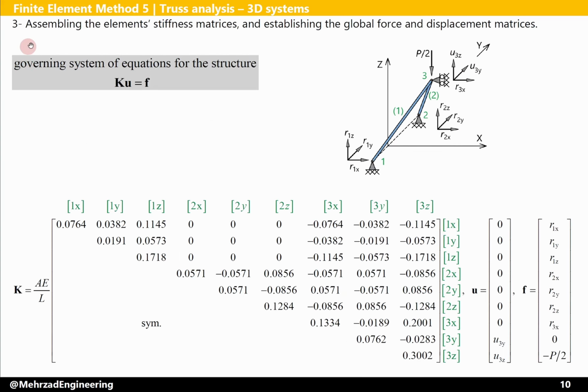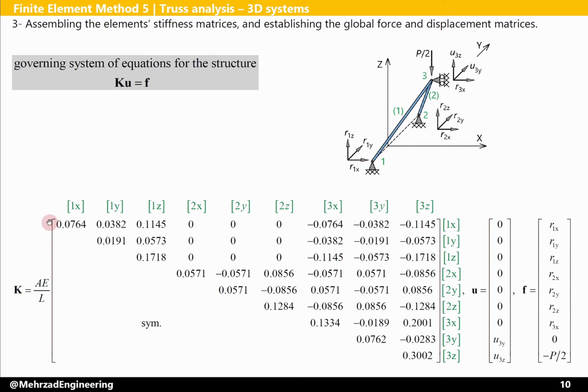The next step is assembling the element stiffness matrices and establishing the global force and displacement matrix to find the governing system of equations for the structure in the form of Ku equals F. To find the stiffness matrix for the structure, we know that we have three nodes, and at each node we have 3 degrees of freedom in x, y, and z direction.